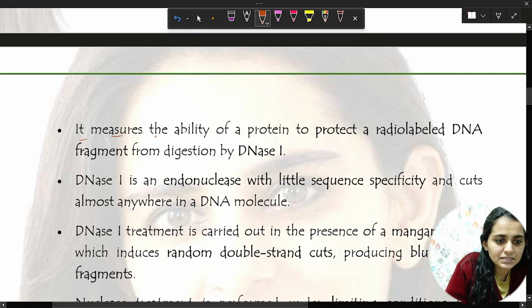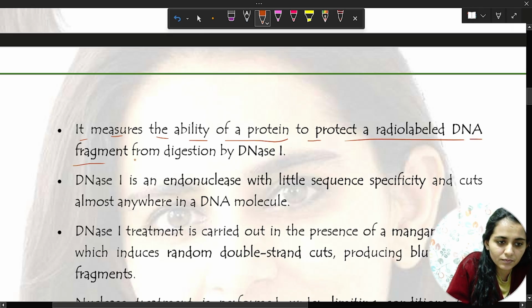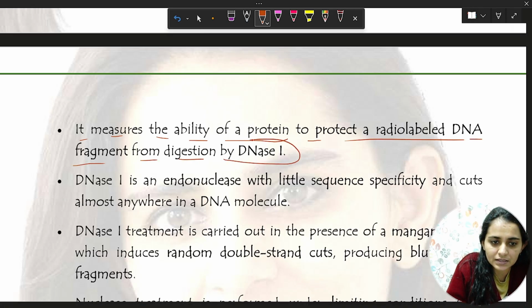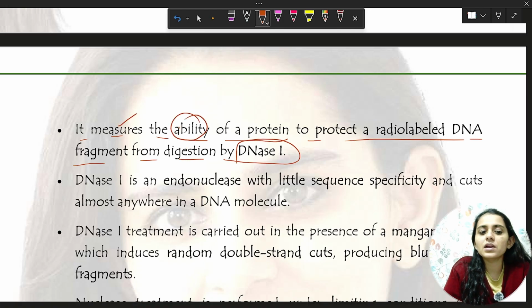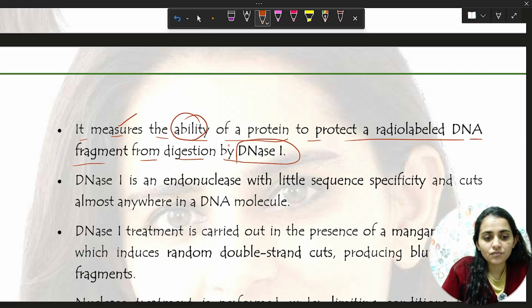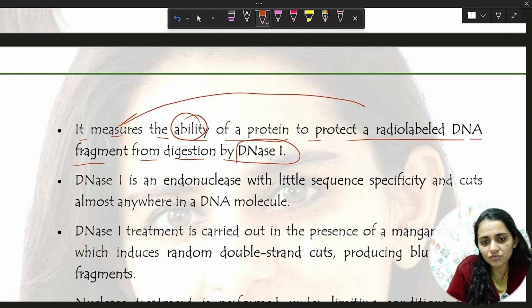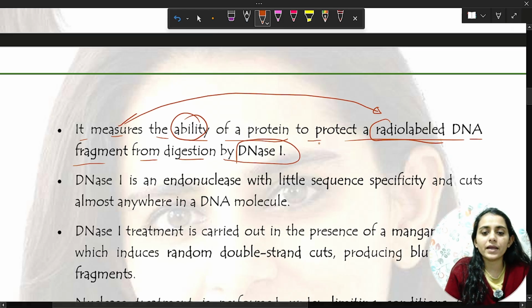It measures the ability of a protein to protect a radiolabeled DNA fragment from digestion by DNase I. It also measures the ability of any protein and how it is protecting the DNA from cleavage. For this measurement we use DNA labeled with radioactive isotope elements. Why?